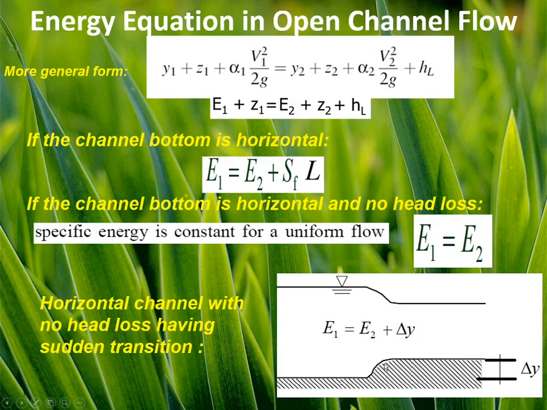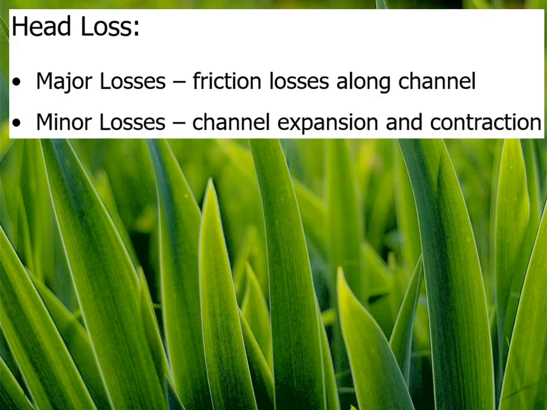in fluid mechanics. You remember that in fluid mechanics, we divided energy losses in two different kind of energy losses. As you also see here, we had major losses and we had also minor losses. Major losses were those kind of losses which appeared as a result of friction along the channel or in fluid mechanics along the pipeline.